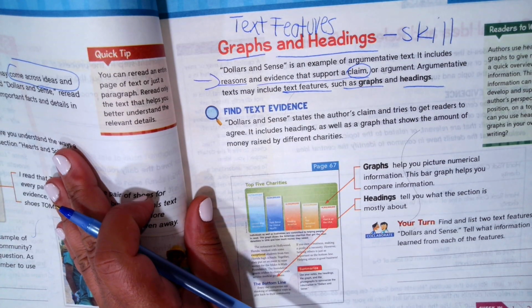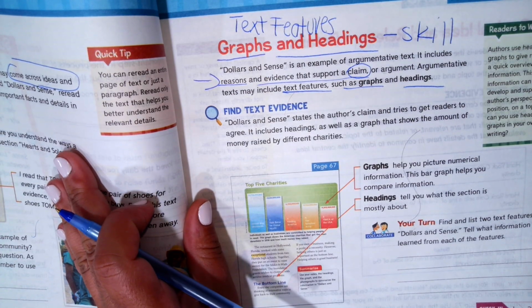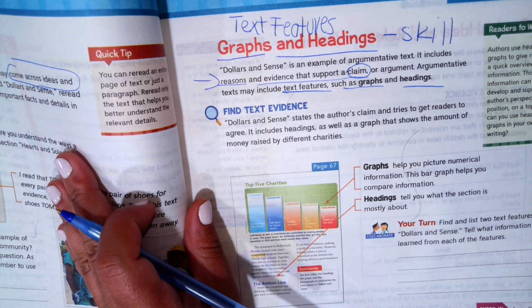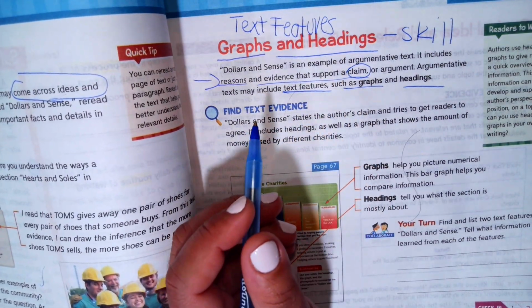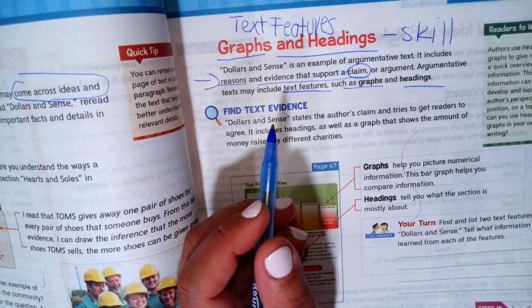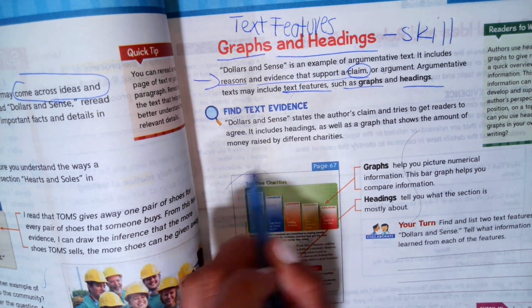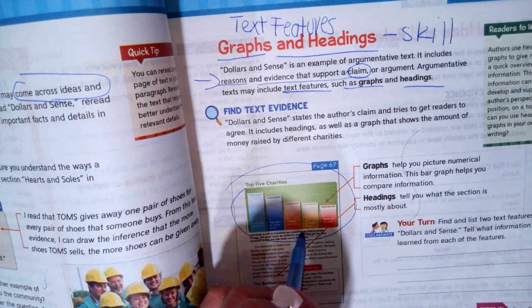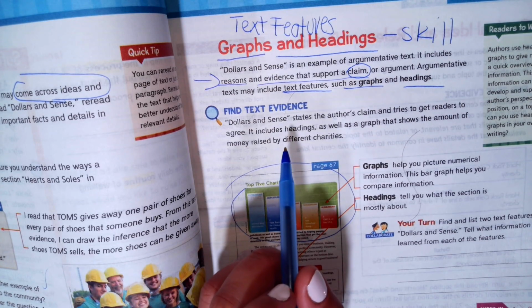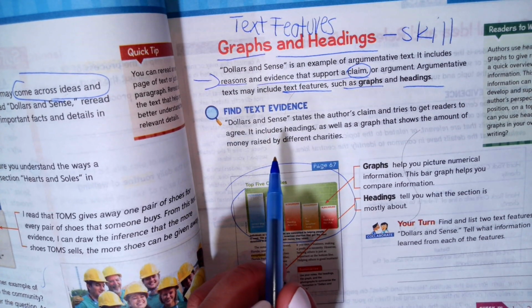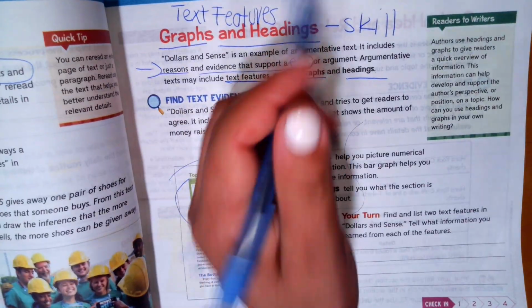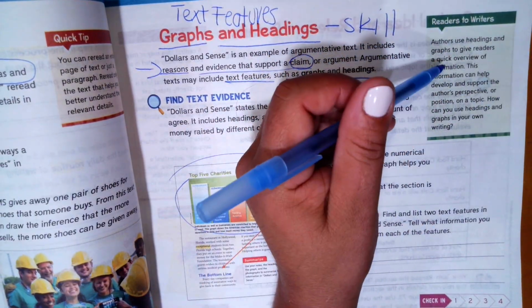And a claim is supported. That means that when an author writes this, they're going to include graphs and headings to get the reader to agree with them. And this is also stated here in this box.